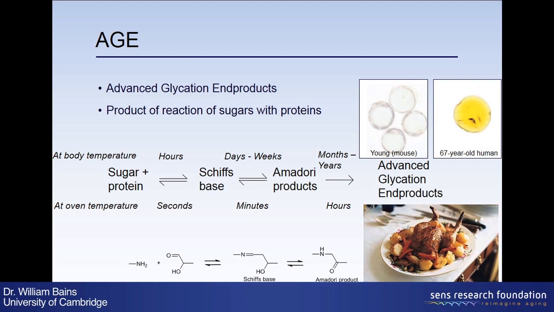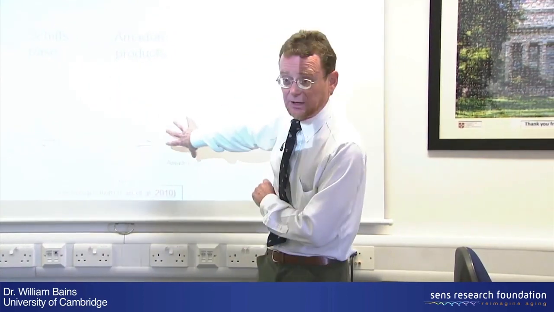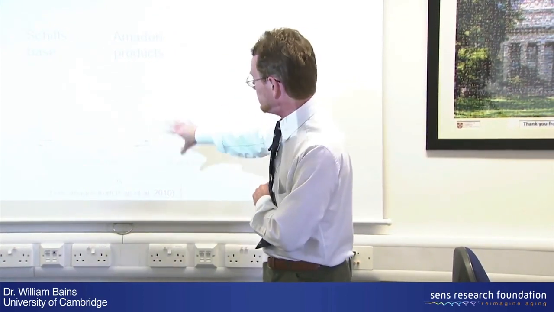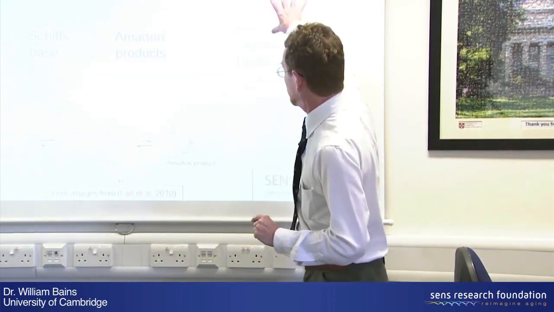This is a reversible process, so things can go backwards and forwards along this path, but if you've got enough sugar and enough protein, it will tend to all end up around these types of products. Then slowly, and with some oxidation, these products are converted to what's called advanced glycation end products. This is an irreversible process.